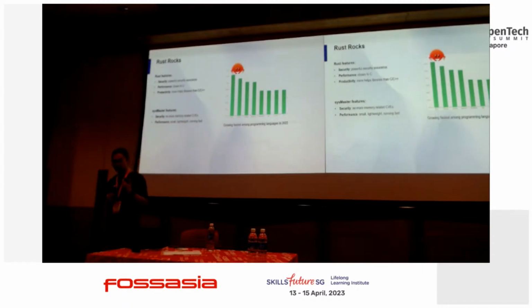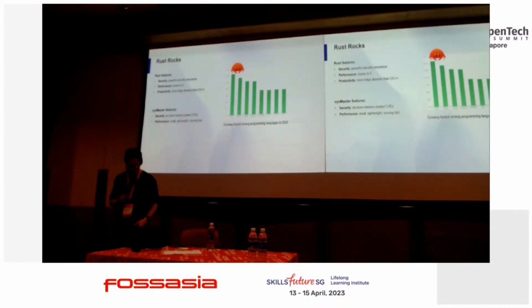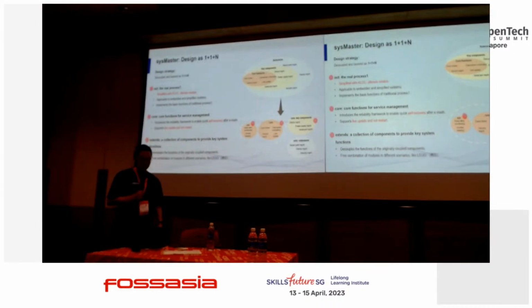It was also accepted by the Linux kernel last year. It's very famous and popular. The second thing is that Rust features security and high performance. That is what our SysMaster wants. So we chose Rust for our programming. Next is our design.